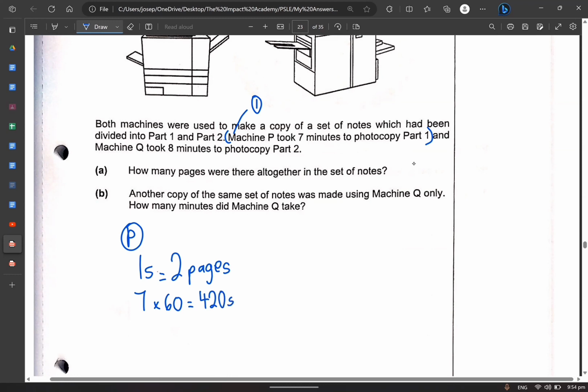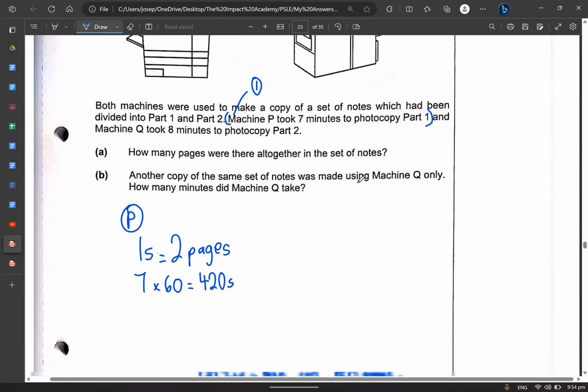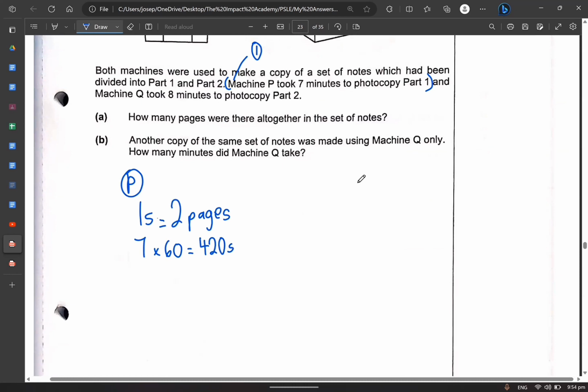All right, so now you know that 1 second is 2 pages, so 420 seconds will then be, how do I get from 1 to 420? With times 420. Okay, and I would also like to do something to my right, and when I do 2 times 420, we get to 840 pages. Okay, so that is the number of pages machine P can print or photocopy in 7 minutes.